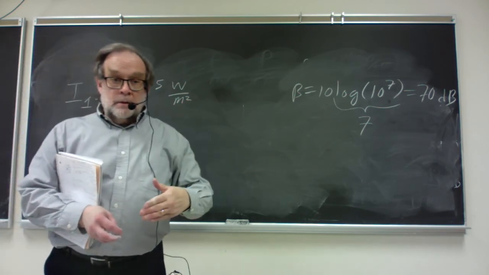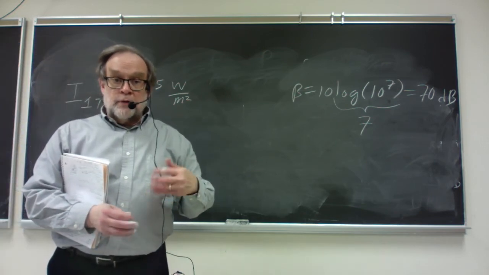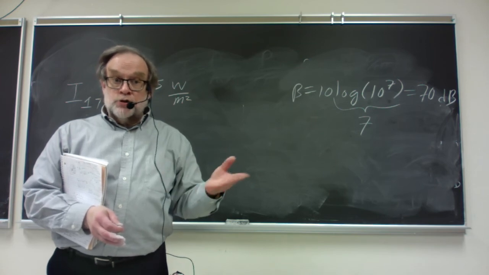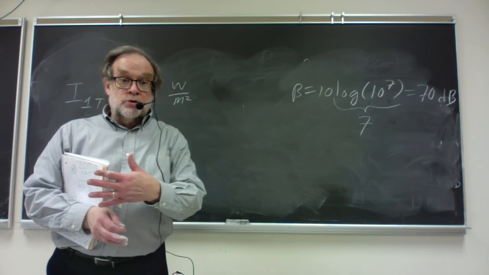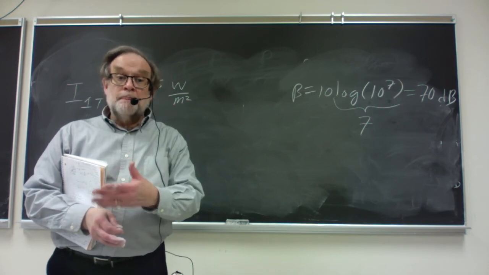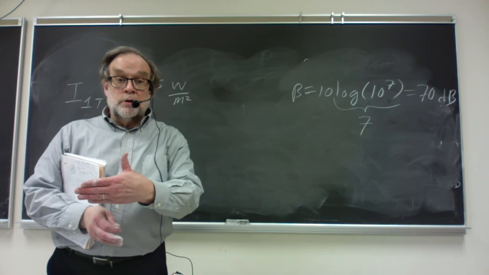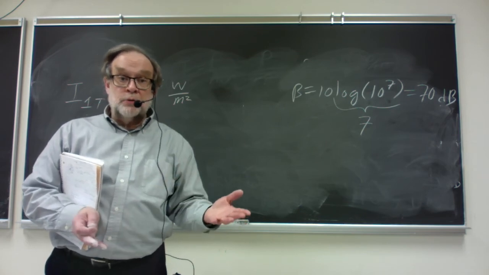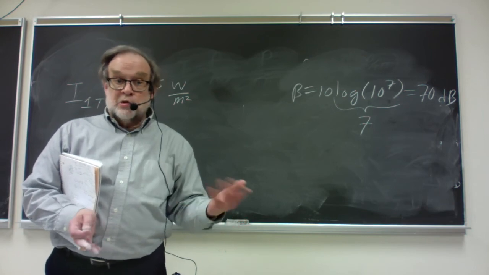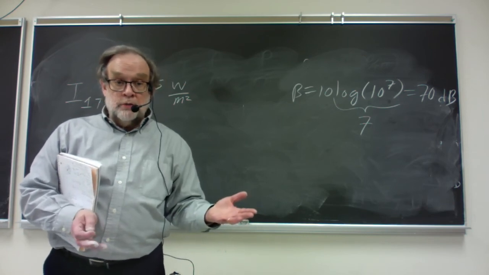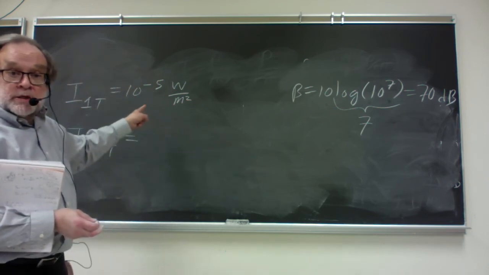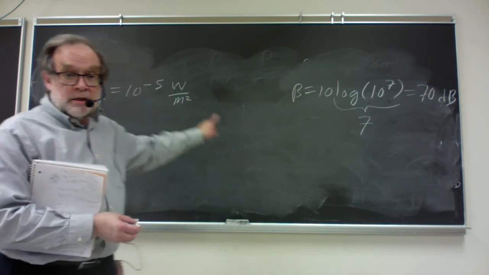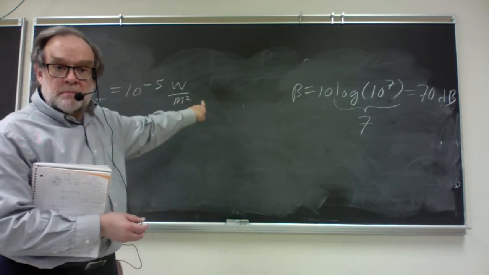Well, if you have one trombone putting out a certain amount of energy at a certain rate, and the second trombone player is playing exactly the same way, that person will be putting out the same amount of energy at the same rate. Or in other words, they'll both be putting out the same intensity. So two trombone players will give you a total intensity that's just twice that, and similarly 76 players will give you a sound intensity that's 76 times that.